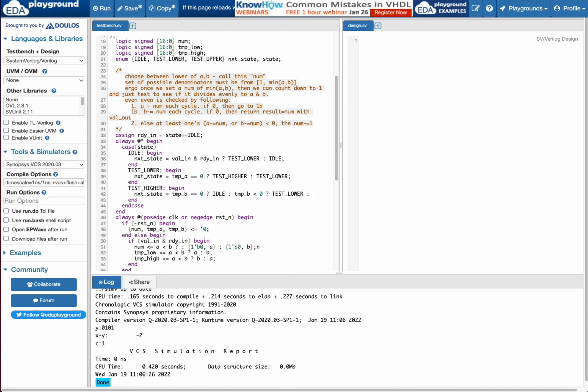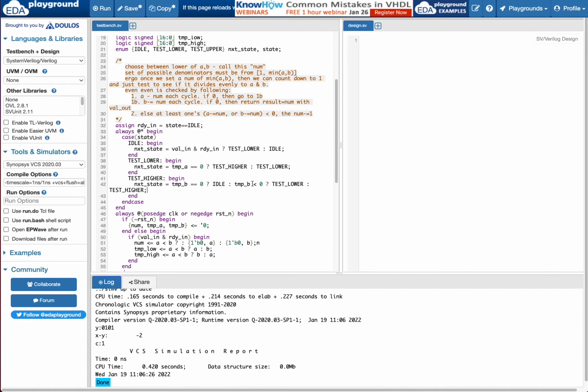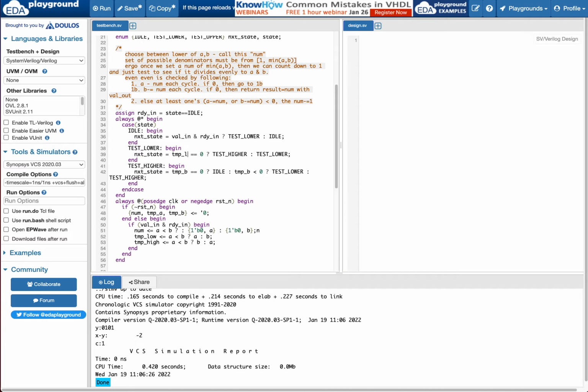If it's more than 0, then we keep doing this on temp B. Sorry, not temp B, temp low is what I call it nowadays.